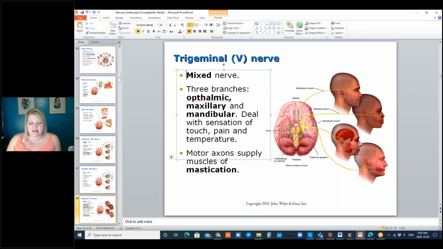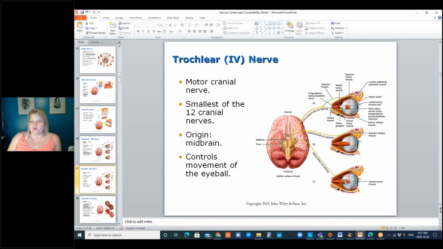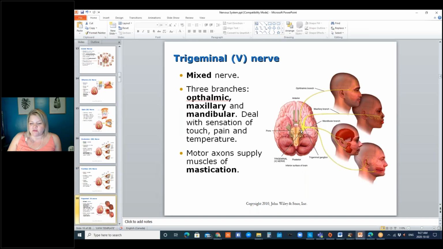Okay, that's different than what I just showed you, where these are actually 3 different cranial nerves stemming off the brainstem. Trigeminal is one, and there are branches off of that ganglion. So they are picking up sensory information off of the face, alrighty, and then they are also providing motor function to the muscles of mastication.